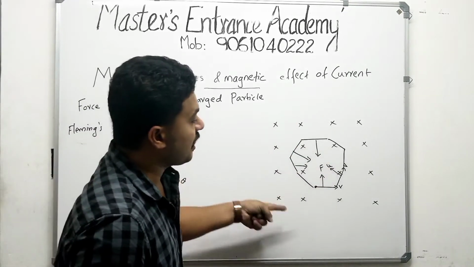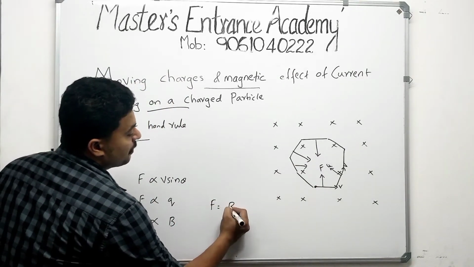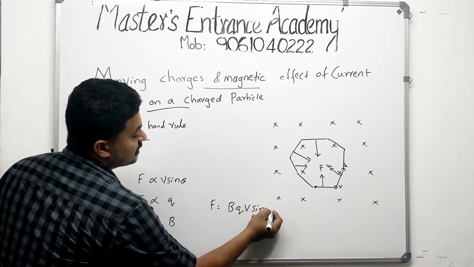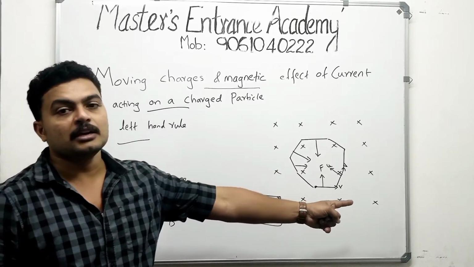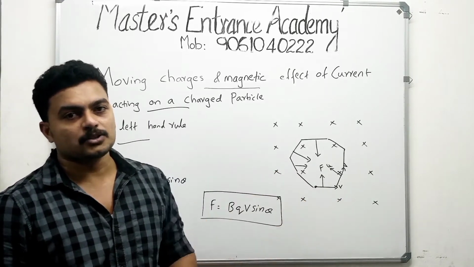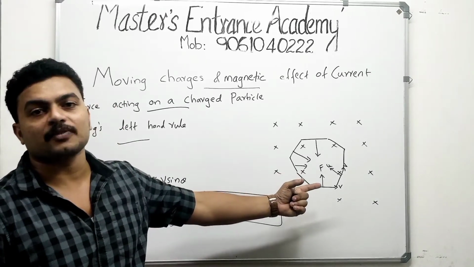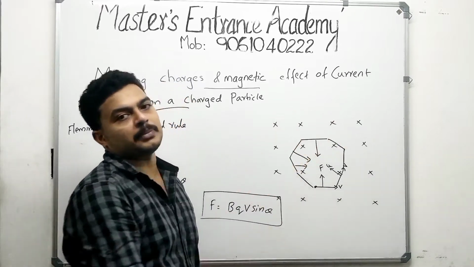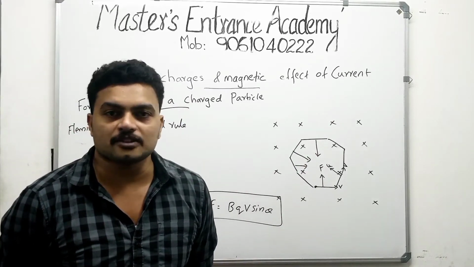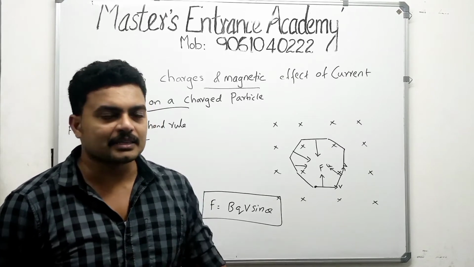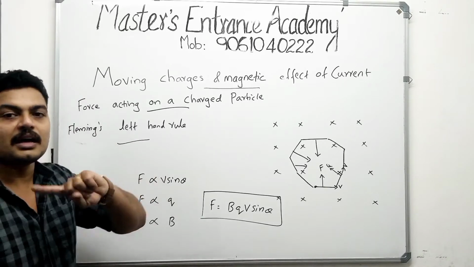Collectively we write F is equal to BQV sin theta. This is the force acting on a charged particle moving in a magnetic field. A charged particle moving perpendicular to a magnetic field experiences a force, hence it moves in a circular path. The direction of the force is given by Fleming's left hand rule or the right hand palm rule.